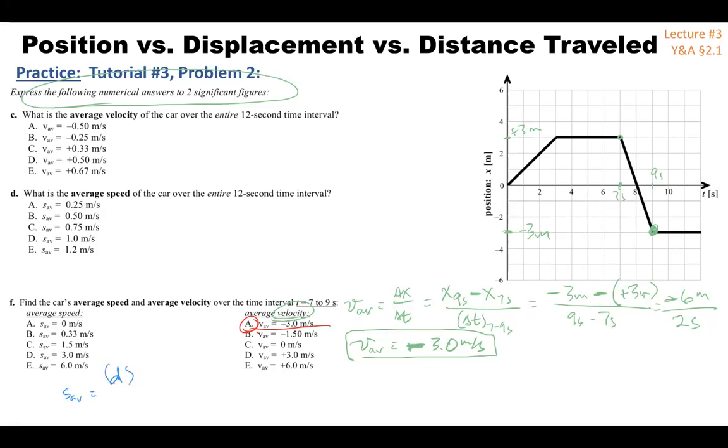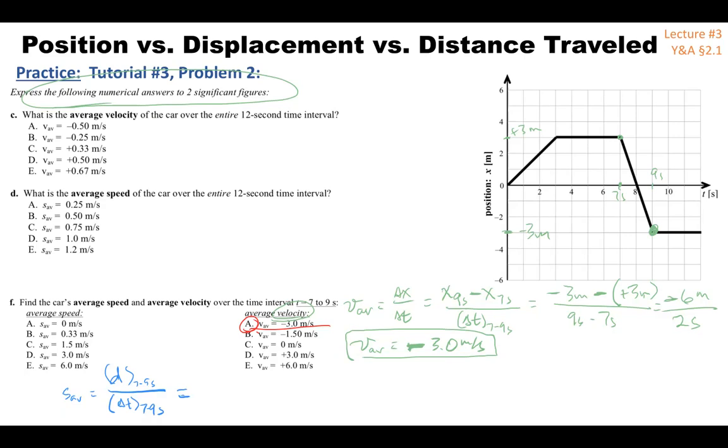So this is the 7 to 9 second interval. Or I could have labeled that time interval C. That would have been nice if I had labeled that. And then I have the time interval from 7 to 9 seconds, okay? All right, so distance traveled is going to be, what is it in this case?